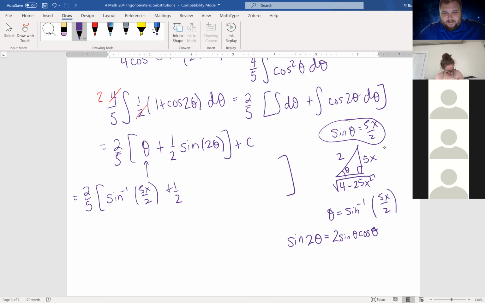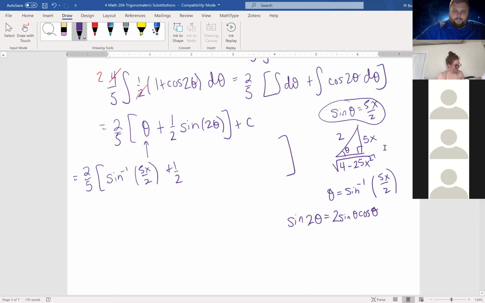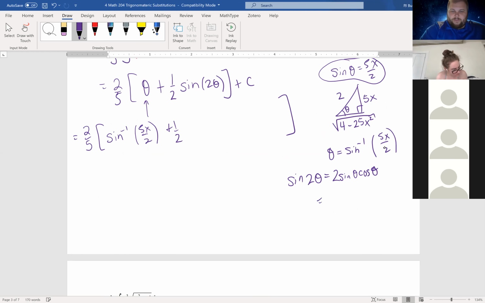We can read sine of theta and cosine theta off of the picture. So this is 2 times the sine, which we've already calculated was 5x over 2, and cosine of theta, which is the adjacent over hypotenuse, or the radical, over 2.